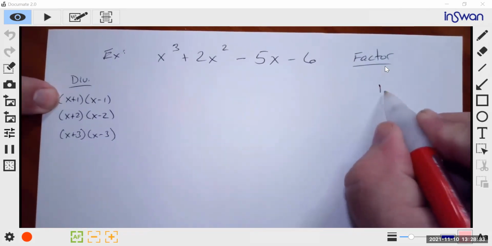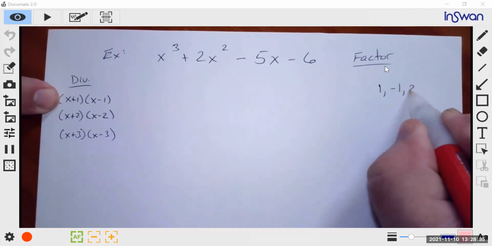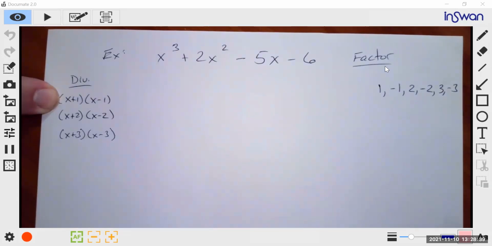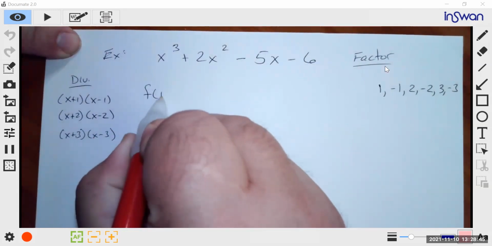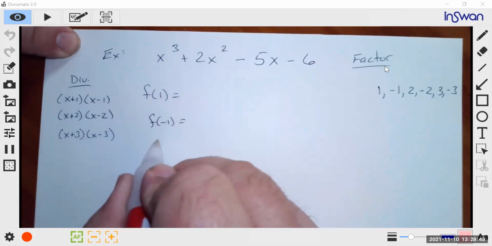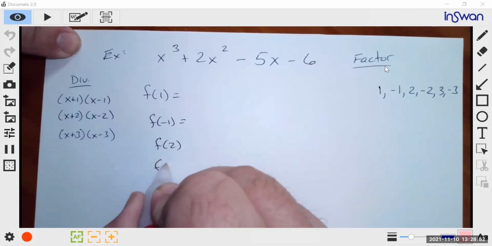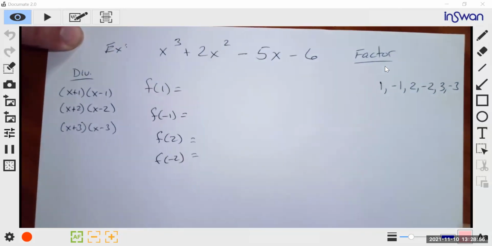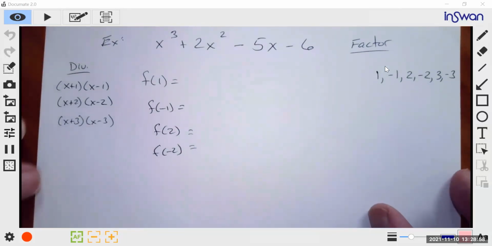We can try 1, negative 1, 2, negative 2, 3, negative 3 by plugging in the equation. In other words, we try f of 1, f of negative 1, f of 2, f of negative 2, and see which ones equal 0. We could do it that way.